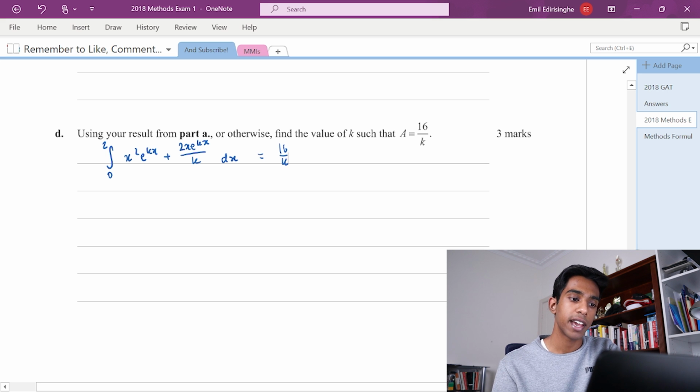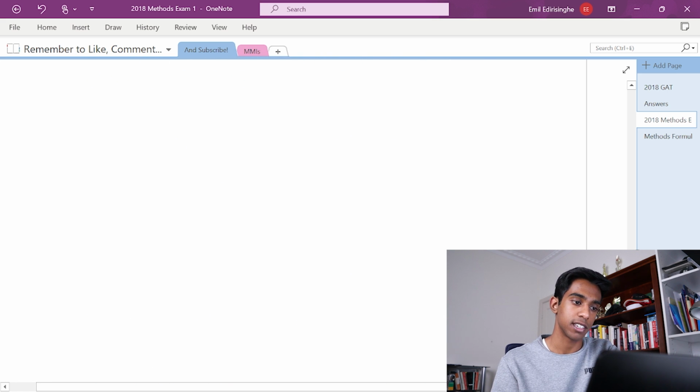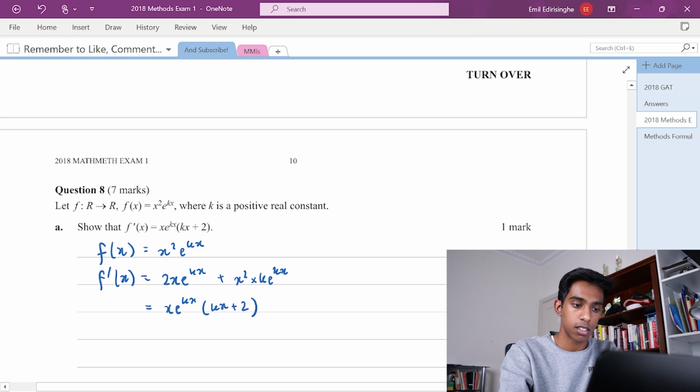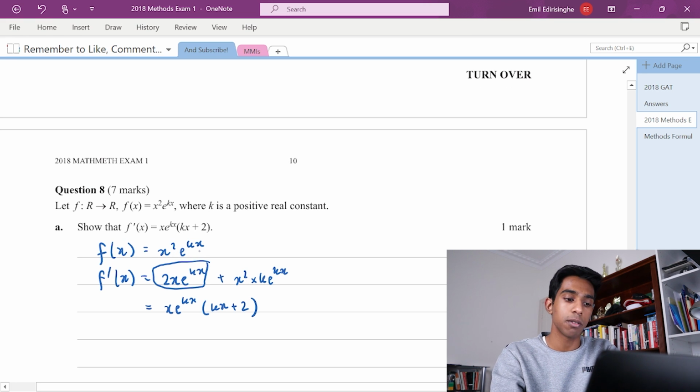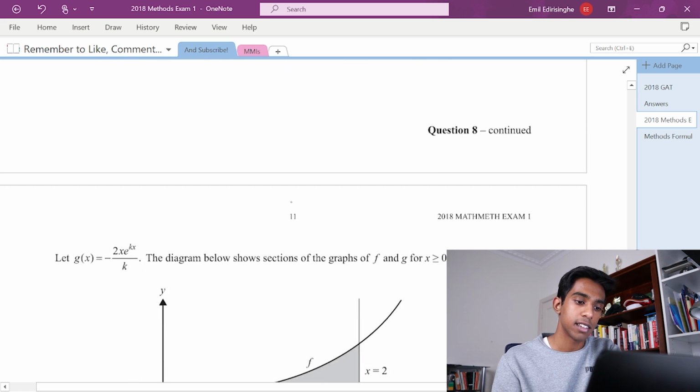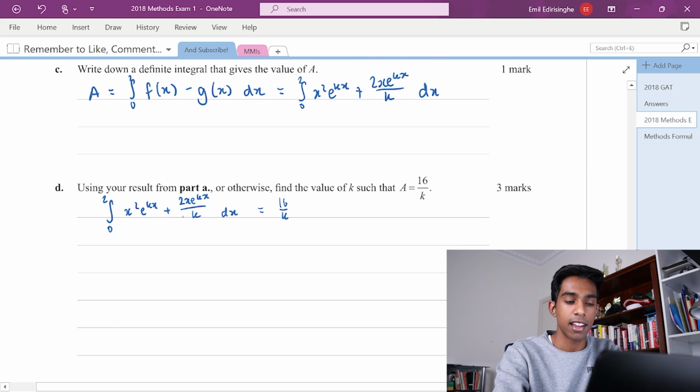So 2x e to the kx is actually this part of part A, except there's a k on the bottom, but this part of this equation has a k here. And if we take the k out of the brackets in this definite integral, we'd have to add the k to this part as well.